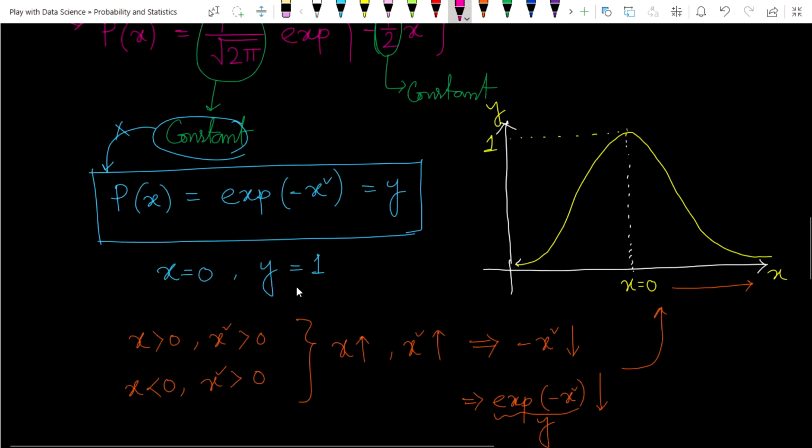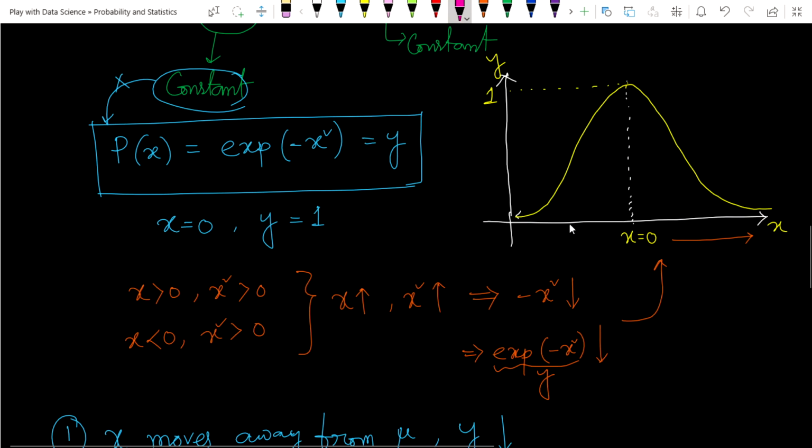So because of that, our probability density function for the Gaussian normal distribution looks like this. These regions and these regions are the same, a symmetrical region.